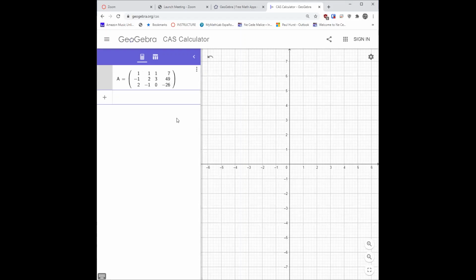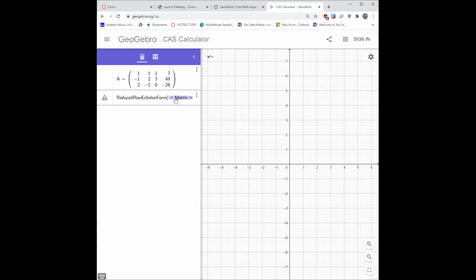So when I hit enter, it shows it as a matrix like that. And you can double check if any of these are wrong, you can click on the matrix and change them. You can go through and edit this if you want. But everything looks okay. So the next thing you do is you start typing out reduced. Once you get to the D, it just appears there. And you just hit enter.